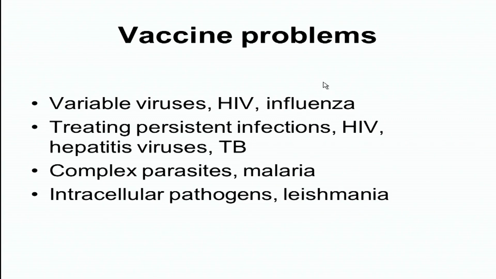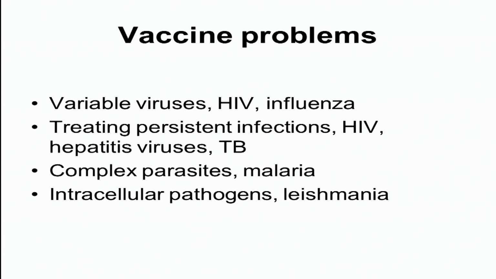So if you vaccinate with one virus, you may not protect very effectively against subsequent infection with a slightly different virus. And again, HIV, as I said, is a double whammy because it's also a persistent virus. So one thing you might want to do with a vaccine, actually, is to treat somebody who's already infected in order to get the immune system to eliminate the virus that's in the body, and that's difficult.